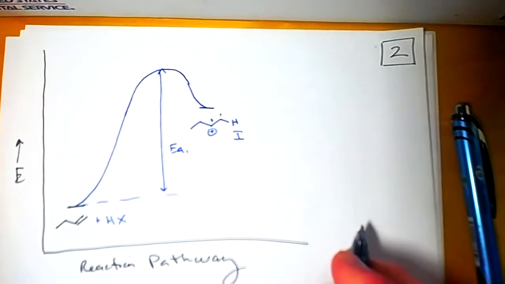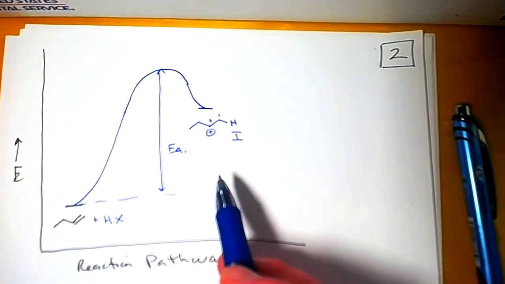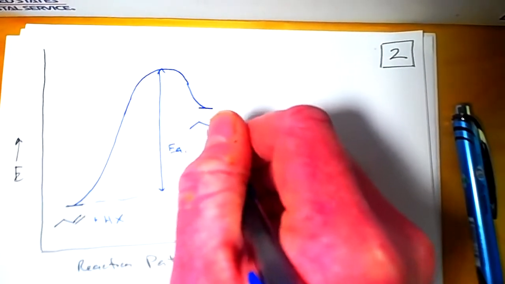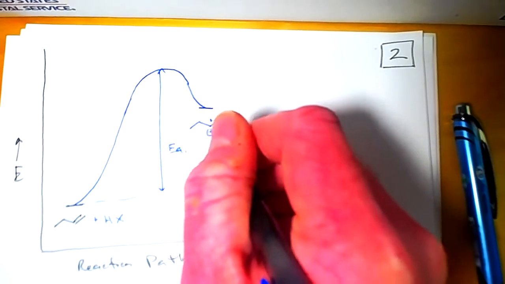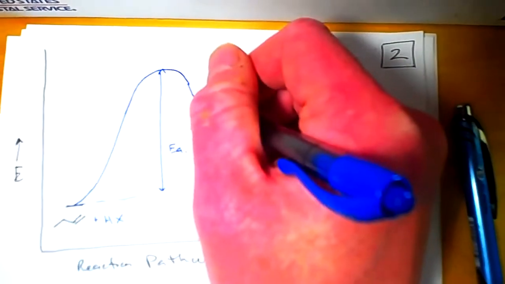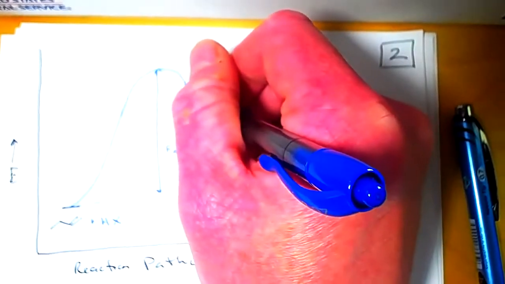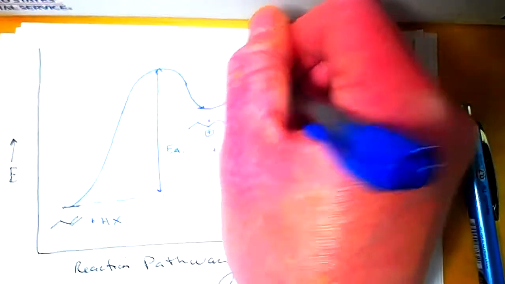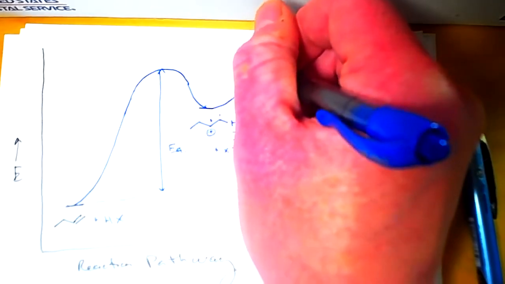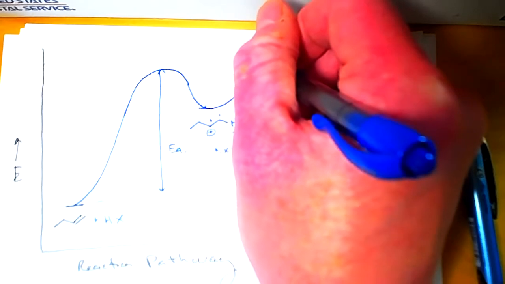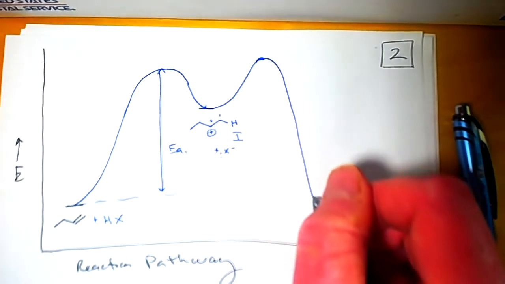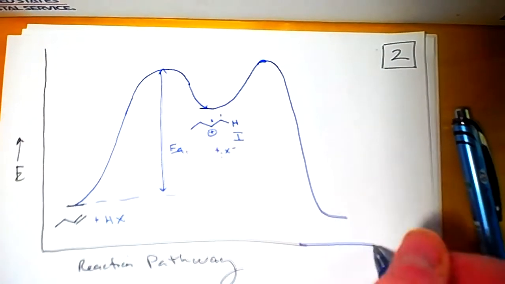All right, now this is actually a two-step process, because once this carbocation forms, the halide is going to want to add into that positive charge. So you actually have a second reaction that occurs before you make your way down here to products.